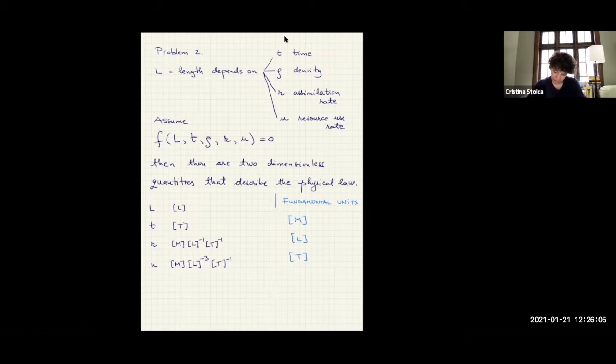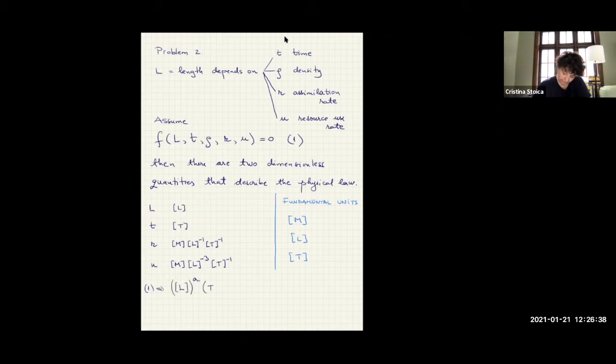All right, so now this being said, our law, let's call it law 1. From law 1, we deduce that the combination of these quantities at different powers has to be 1, so the powers that show up have to be 0, since any number to the power 0 is 1. So we have L to the A, and we'll have many unknowns, 5 of them.